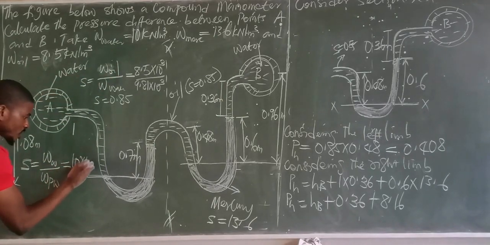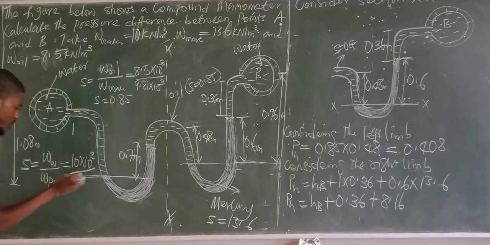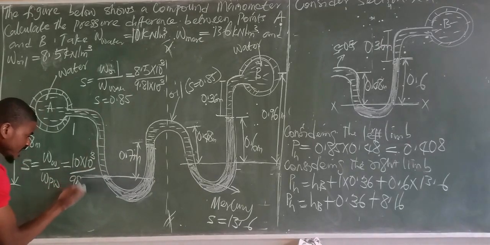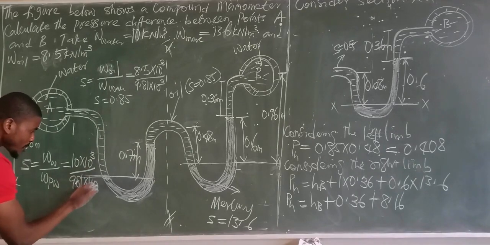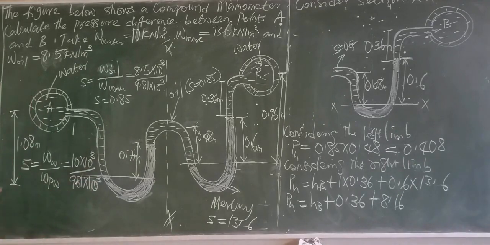Kilo means times 10 to the power of 3, all over the specific weight of pure water itself, which is 9.81 multiplied by 10 to the power of 3. So 10 to the power of 3 cancels out. I'm left with 10 divided by 9.81. If you do this, you're going to have approximately 1 to be the specific gravity of water.